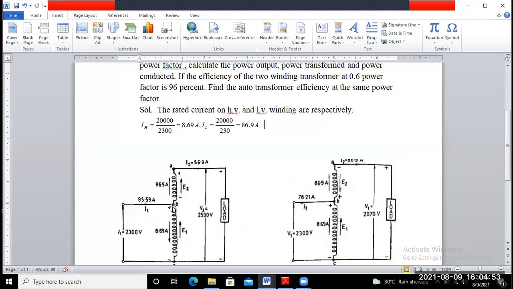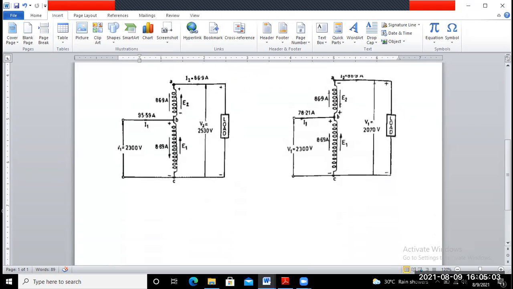If you apply KVL at this point B, then you will get the supply current value, that is nothing but the summation of the two currents. Okay, so this one we consider as figure A.